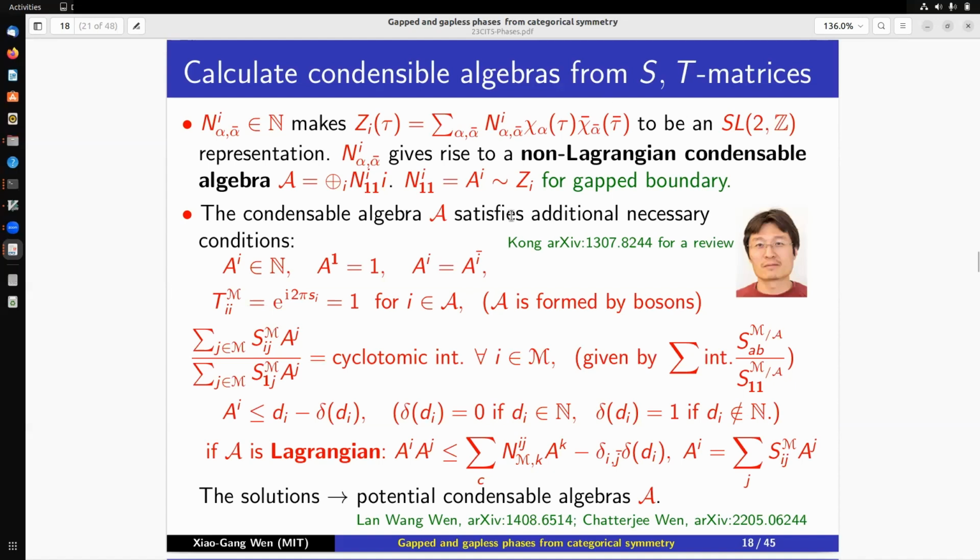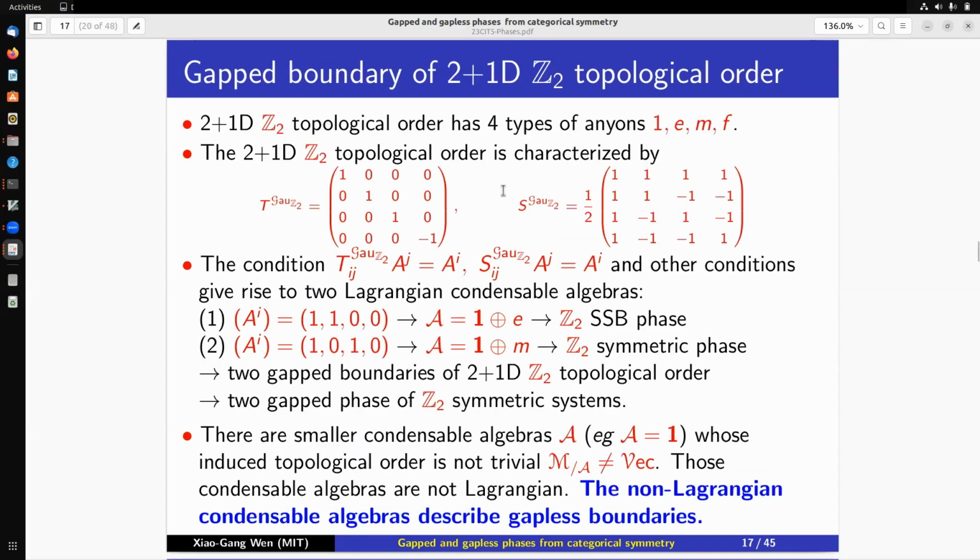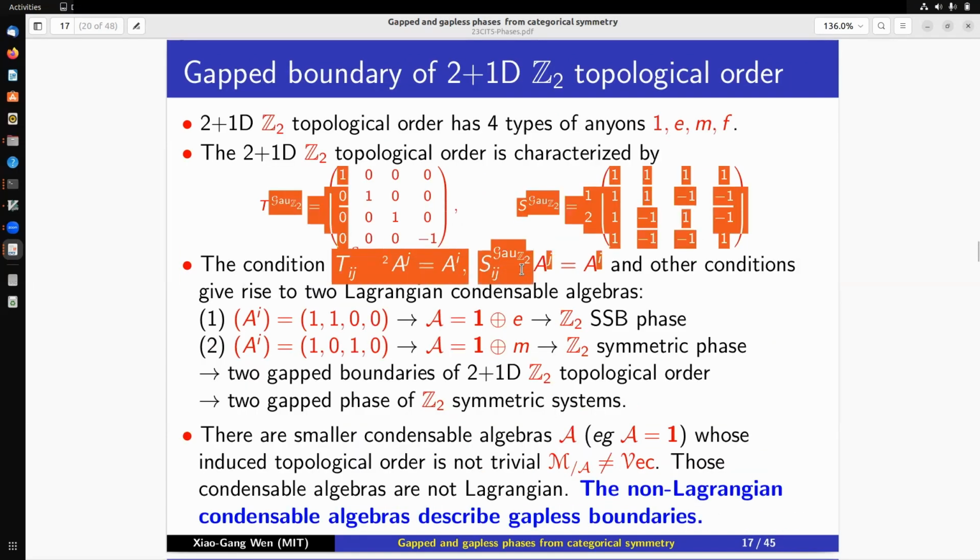And so actually this non-Lagrangian condensable algebra is also described by non-negative integer coefficients. However, for a non-Lagrangian condensable algebra, we cannot require it to satisfy this covariant condition. They no longer satisfy this covariant condition. The condition is weaker.